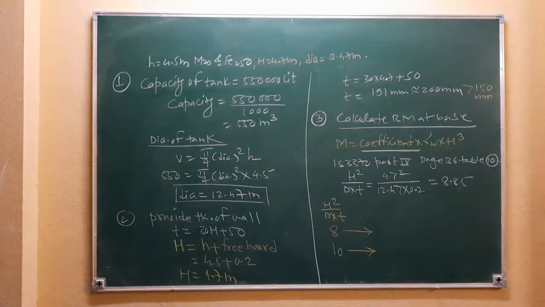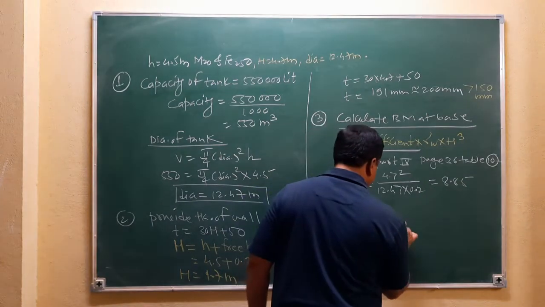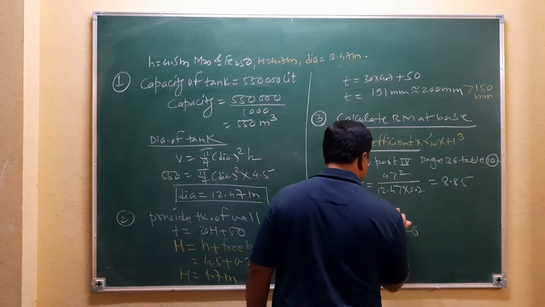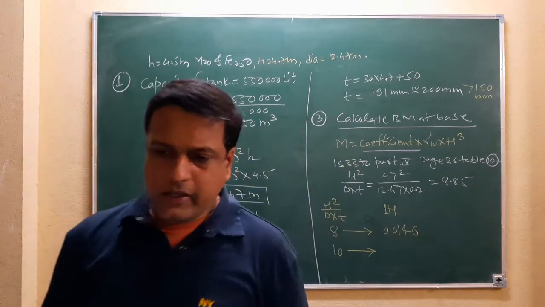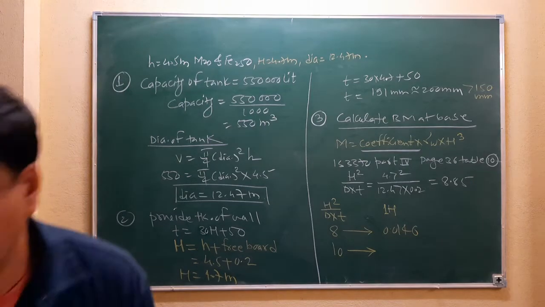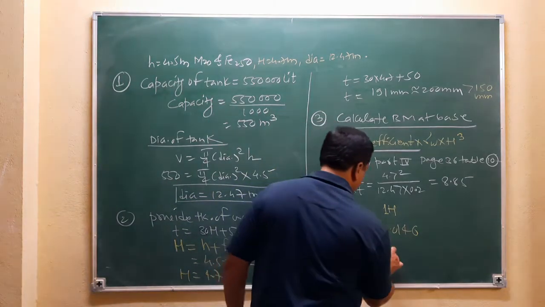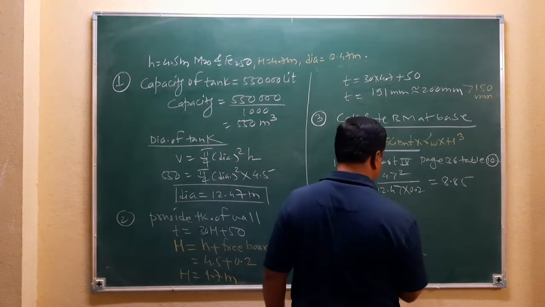So the maximum value for 8, I will check here. It is 0.0146 for 1H. And for 10 it is 0.0122.